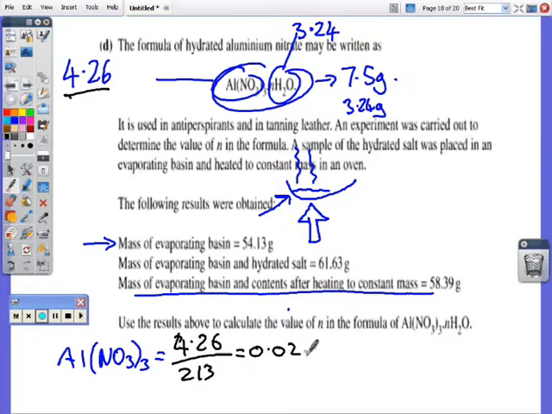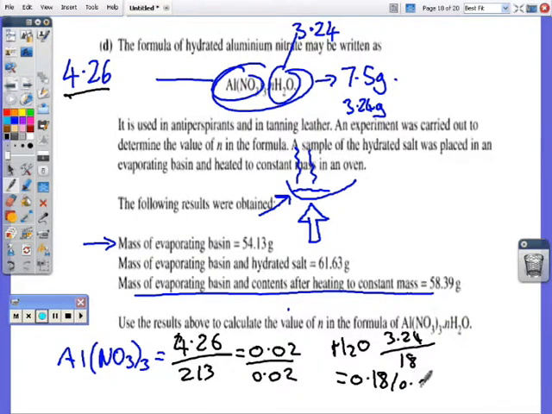And we had water, which was 3.24 divided by the RFM of the water, which is 18, gives me 0.18. So if I divide both of these by this value, I get x, I think it's actually n up there, is 9 in this instance. So hopefully you got that right.